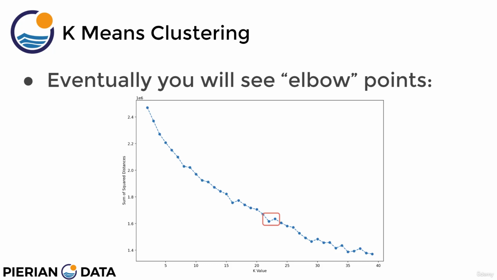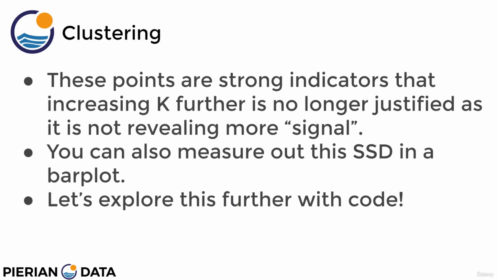Always keep in mind that because this is unsupervised, it's not really perfect. There's no 100% correct answer. This is where the art meets the science. So these points are strong indicators that increasing k further is no longer justified, as it's not really revealing more signal. You can also measure out this change in SSD in a bar plot. So we're going to explore this further with code by heading over to Jupyter Notebook.